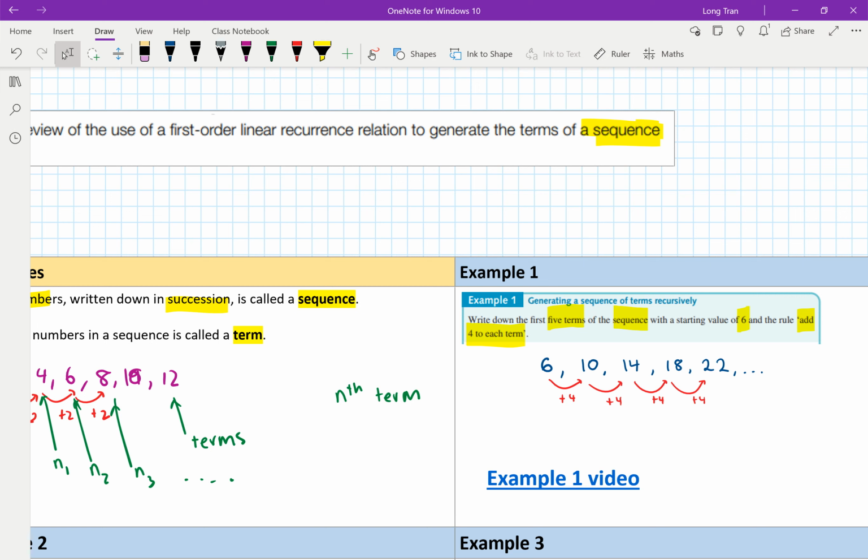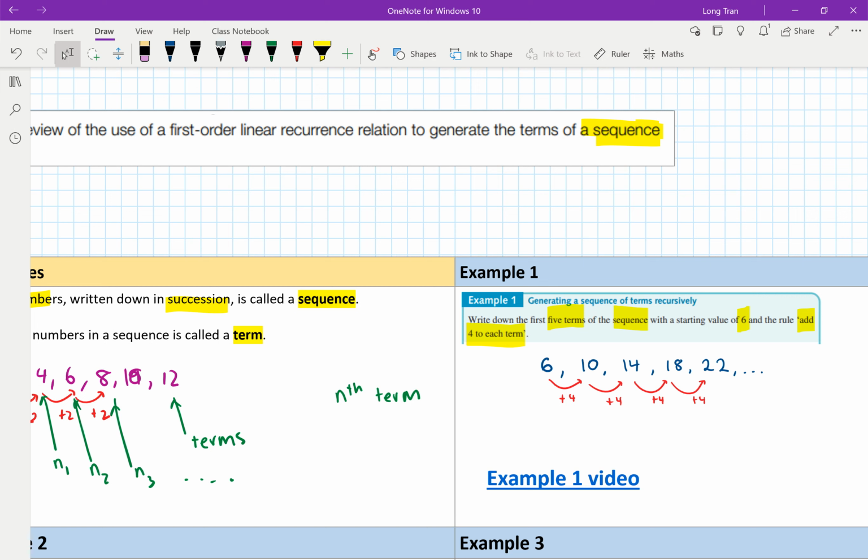So that's what I did. I start off with 6, I add 4, I get to my next term. N1 is 10, N2 is 14, N3 is 18, and N4 is 22. Okay? So my N0 is 6. That's my very original term. That's my first term.